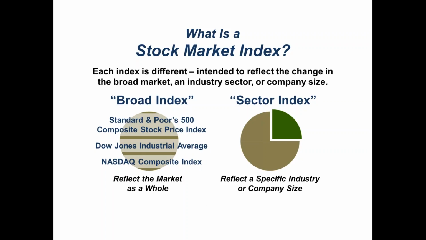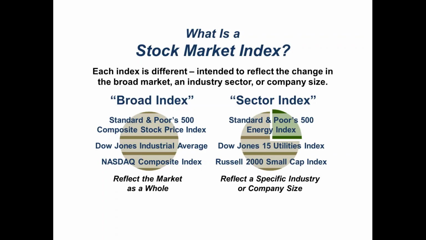Their goal on the S&P 500 from a management perspective is to always represent at least 75% of the total market capitalization of the U.S. stock market. The Dow Jones Industrial Average is also considered a broad market index, but there's really only 30 companies on it. The NASDAQ Composite Index is a broad index because it pretty much represents everything traded on the NASDAQ exchange.